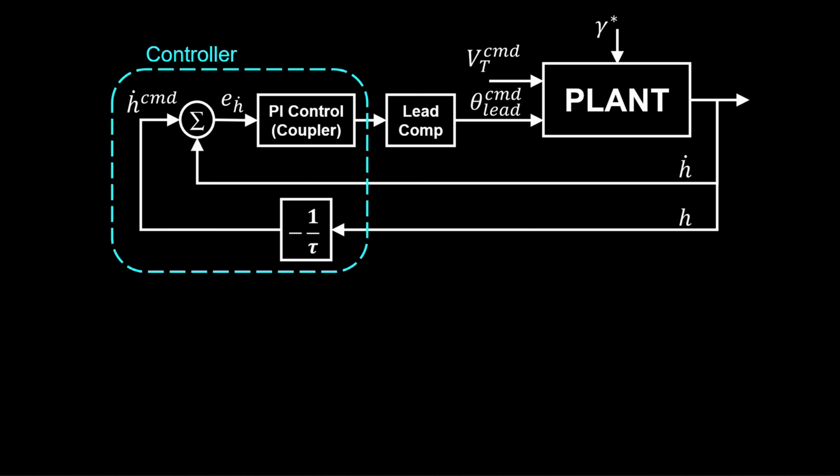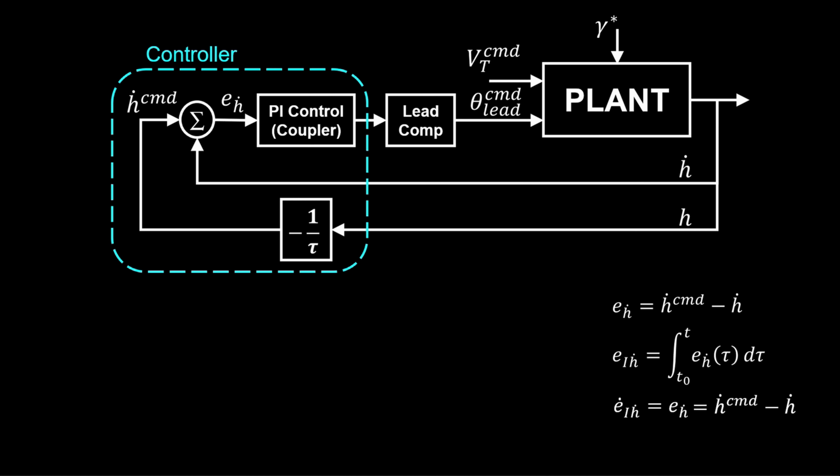To model it in state space, first define h-dot error. Integrate error to create a new variable ei h-dot, or the integral error of h-dot. Now, differentiate that variable. We get a state space equation where ei h-dot is the state.